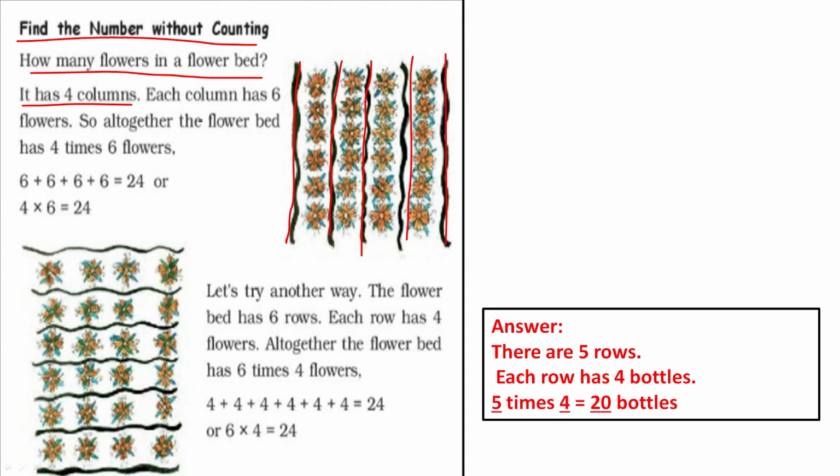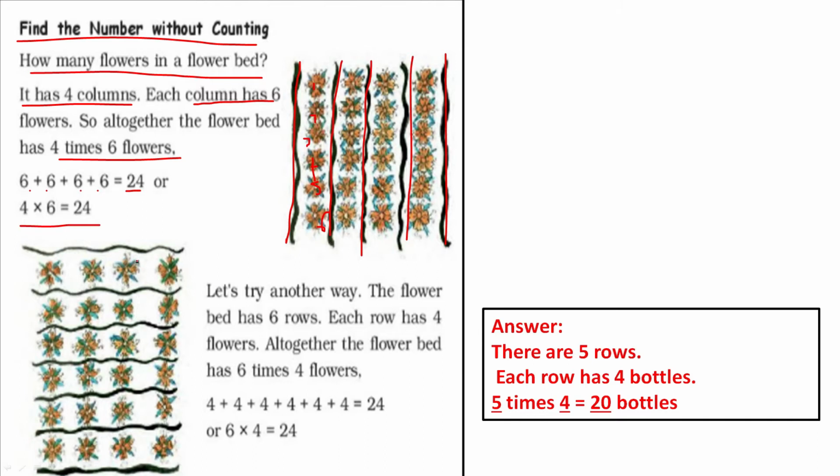Each column has 6 flowers: 1, 2, 3, 4, 5 and 6 flowers in each column. Now you can see 4 times 6 flowers. That is 6 plus 6 plus 6 plus 6 is equal to 24, or we can say as a shortcut 4 6s are 24.